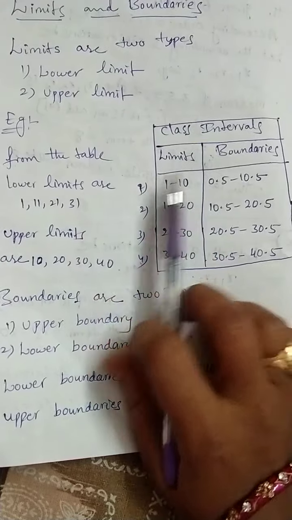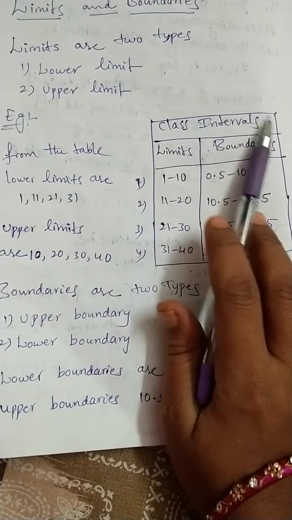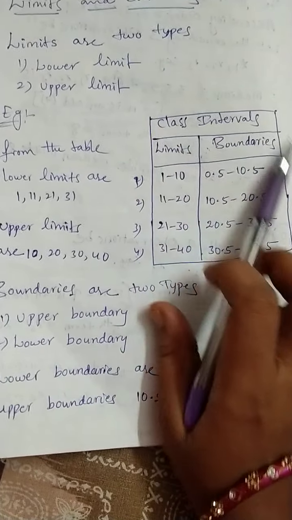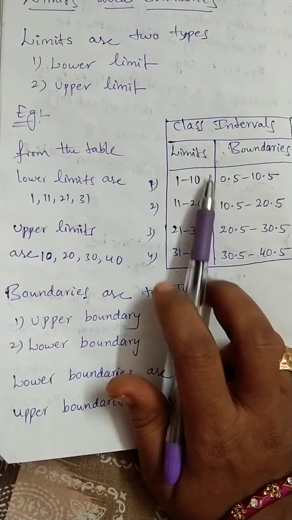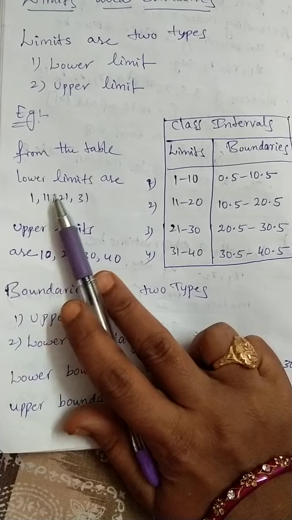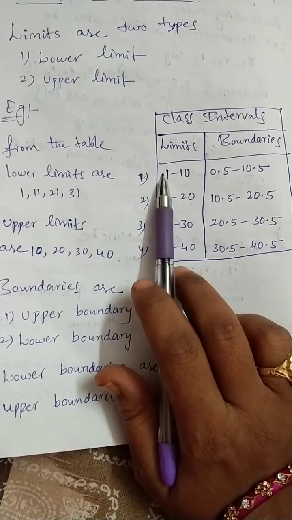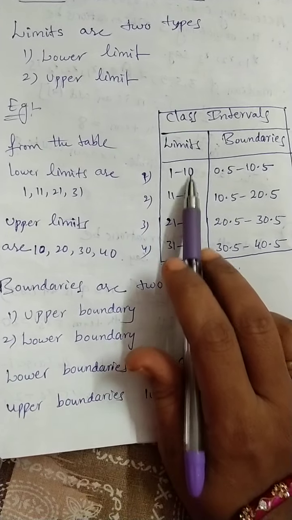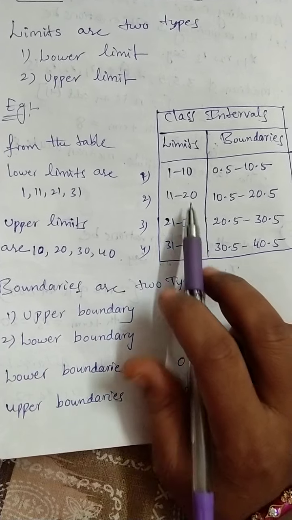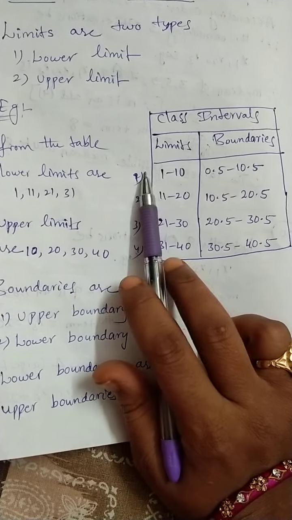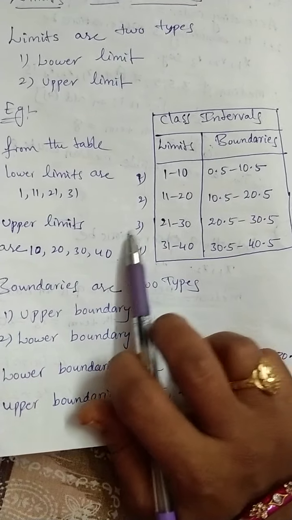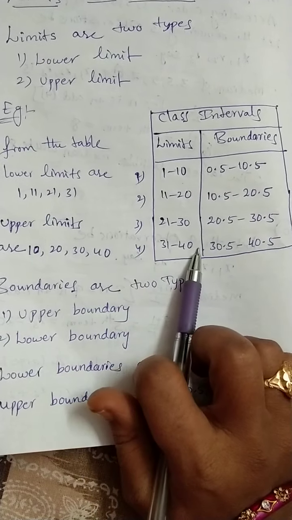From the table, I took one table, for example, to explain what limits are. These are all the lower limits, and these are all the upper limits. This is the first class interval, second class interval, third class interval, fourth class interval.